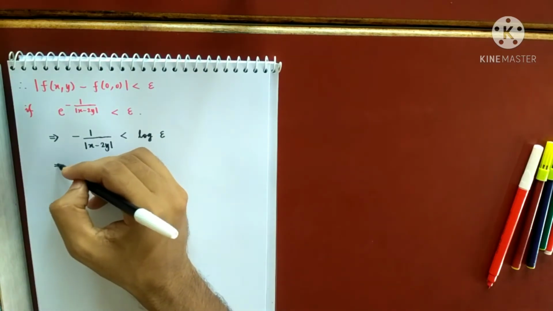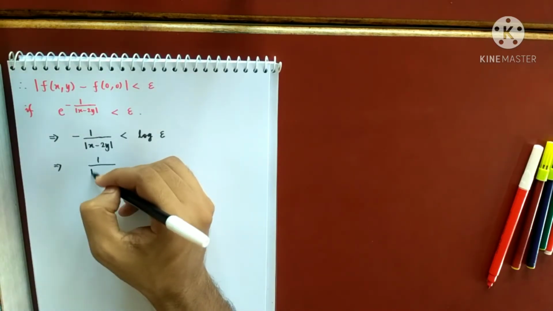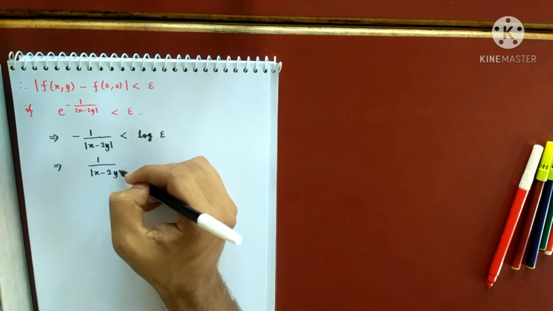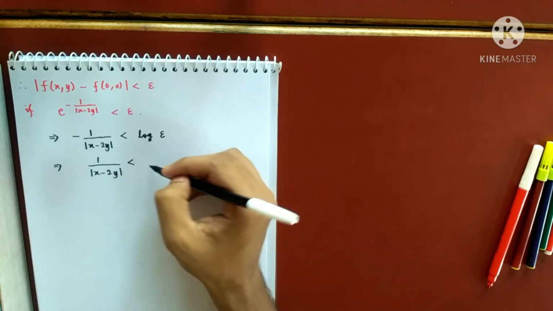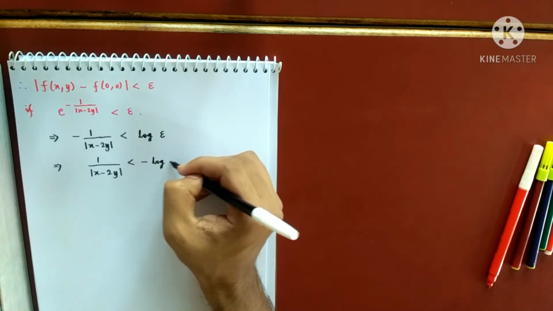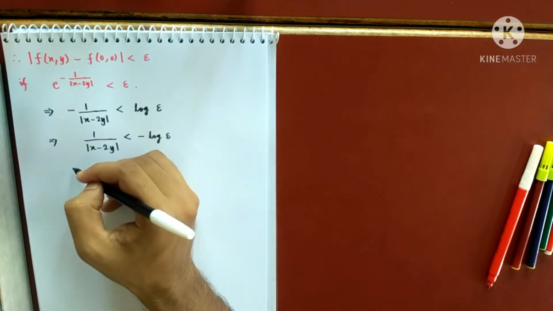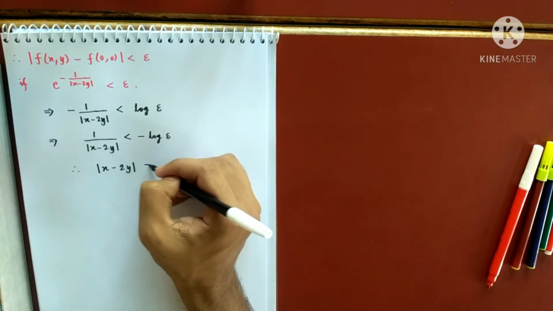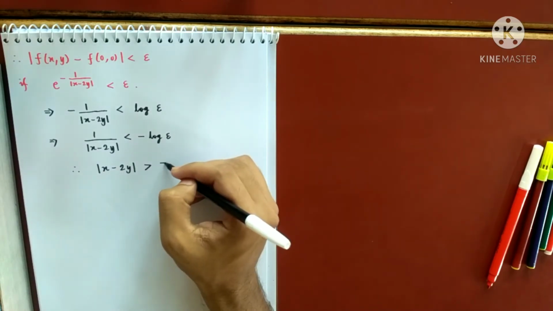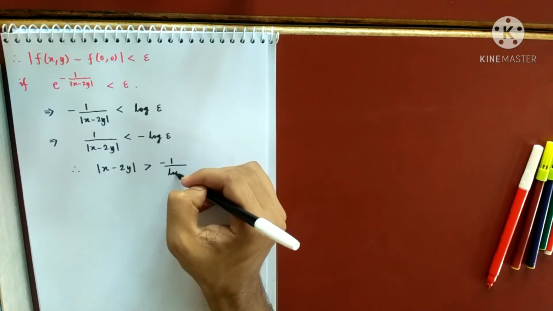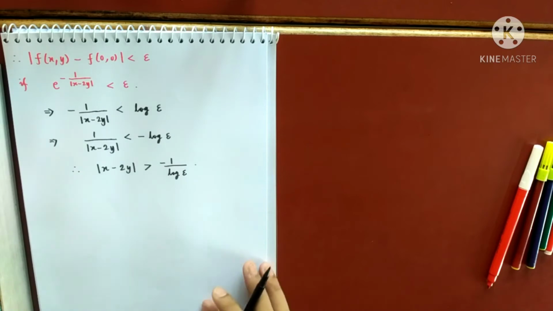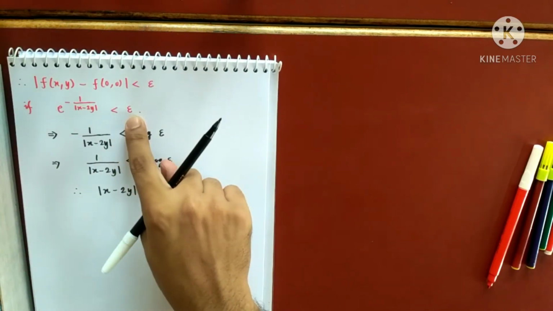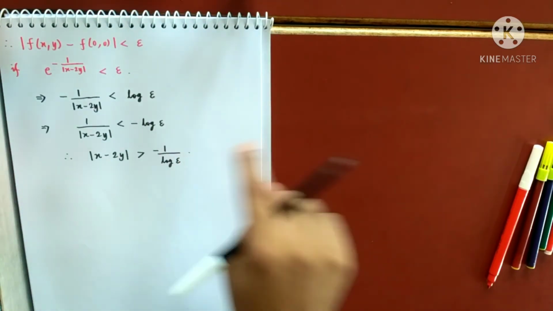Now let's solve for mod of (x minus 2y). So this is nothing but less than minus log epsilon. Therefore, if I reciprocate both sides, this is more than minus 1 by log epsilon, right? So this is less than epsilon whenever this quantity is more than minus 1 by log epsilon.